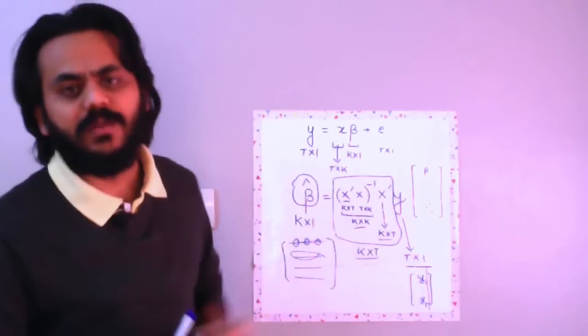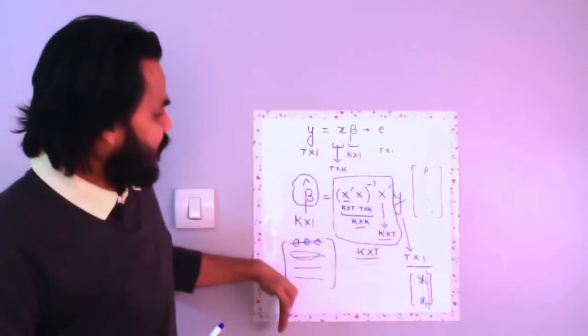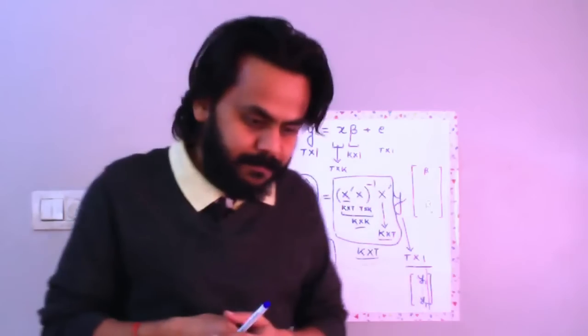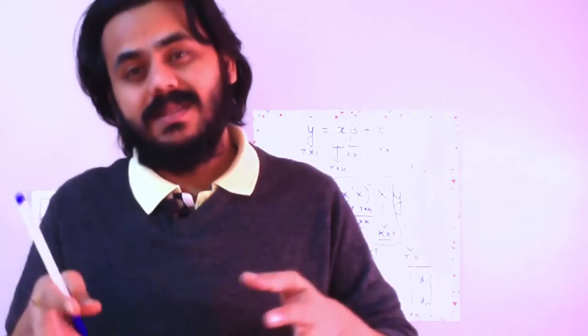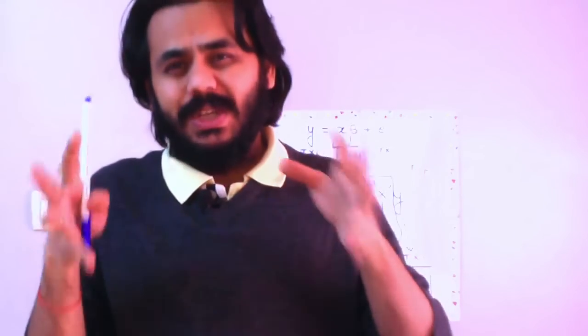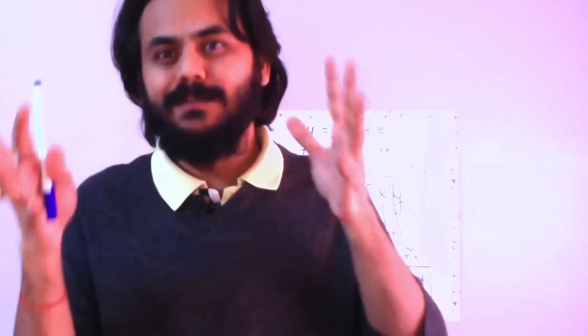There is a property that beta hat is the best linear unbiased estimator. This is known as BLUE. What do I mean by that?